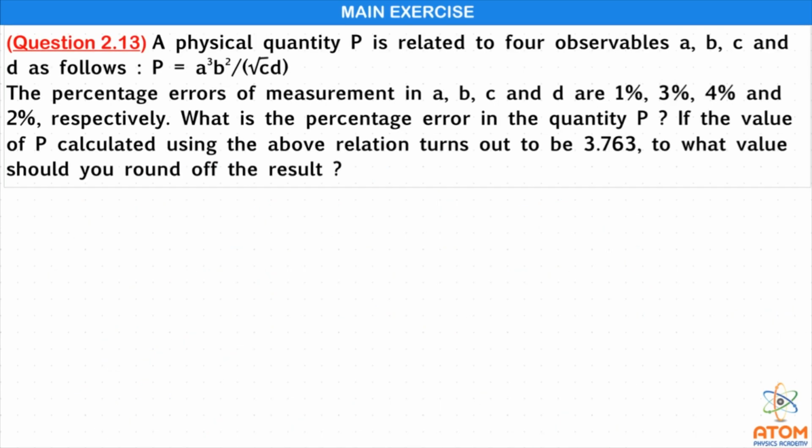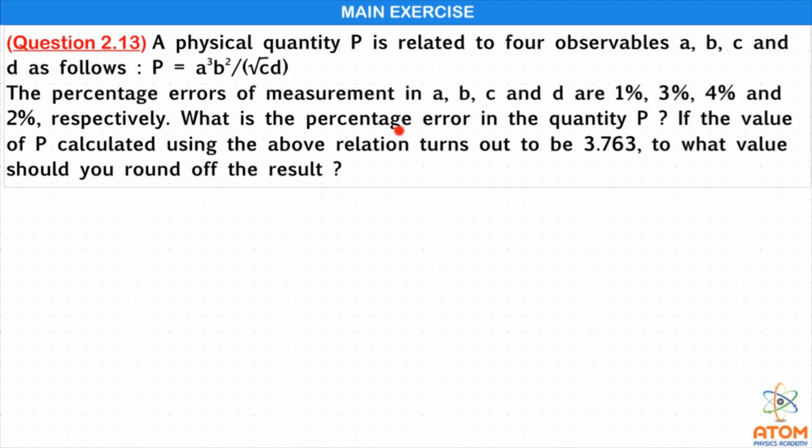Now the main exercise, question 2.13. A physical quantity P is related to 4 observables A, B, C and D as follows: P is equal to A cube B square upon root C into D. The percentage errors of measurement in A, B, C and D are 1%, 3%, 4% and 2% respectively.